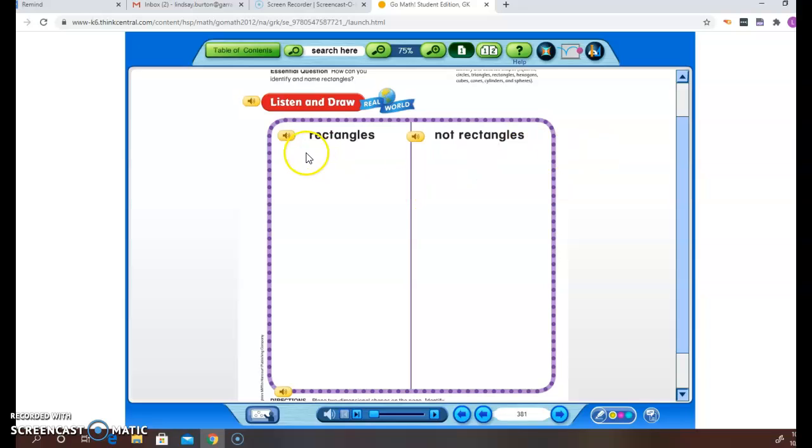So I want you to think about that. And right here on this side of your paper, I want you to draw me a rectangle with those 2 short sides and 2 long sides. Give you a minute or 2 to do that.